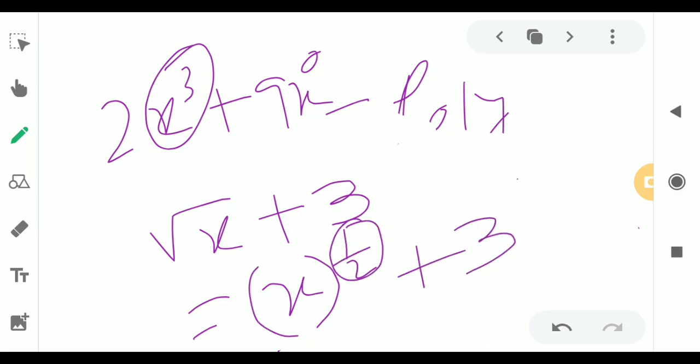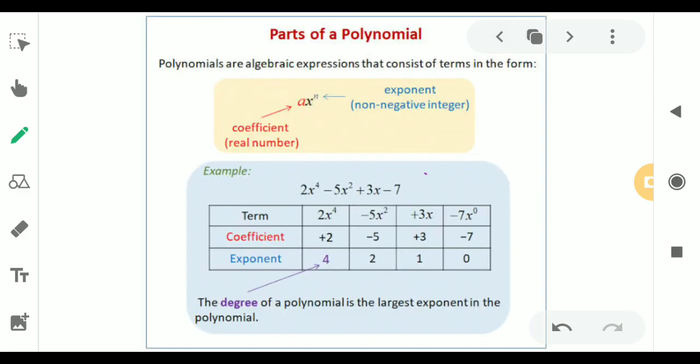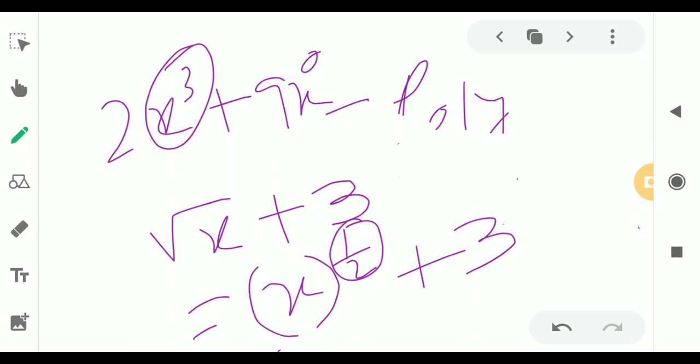So 1 by 2 is a positive number, it's not a negative number. It's non-negative, but it is not an integer. It should be a non-negative integer. So it should be both non-negative and an integer. But here it is non-negative, but it is not an integer. So we can say that it is also not a polynomial.